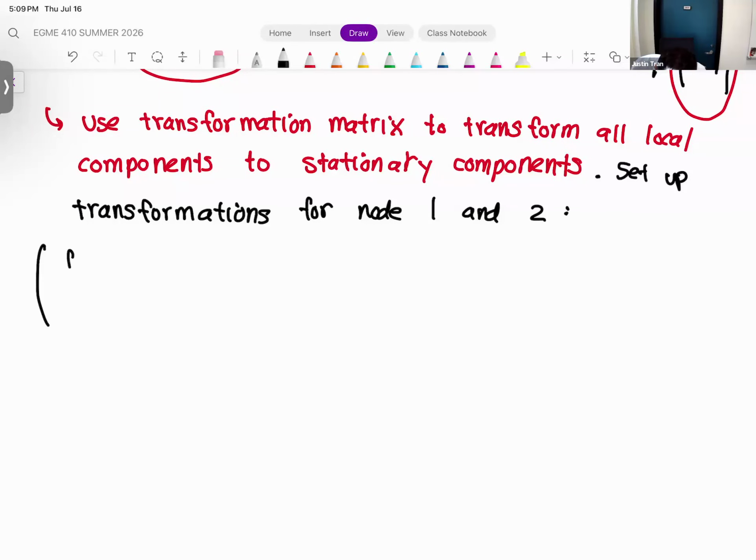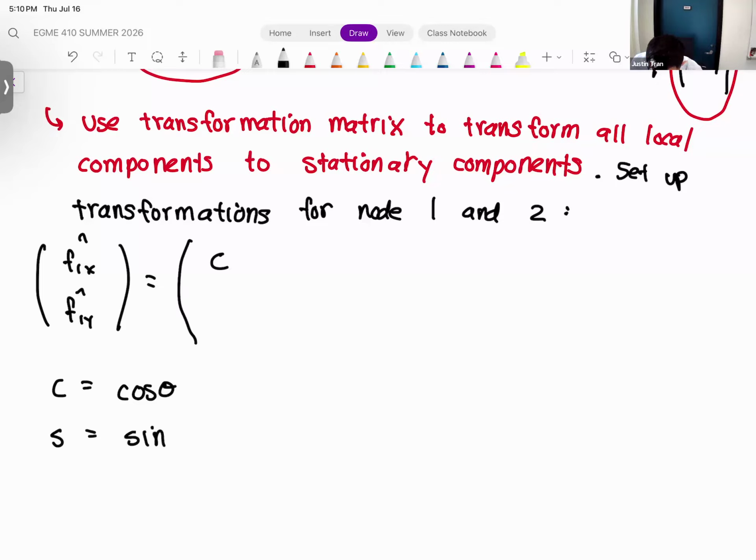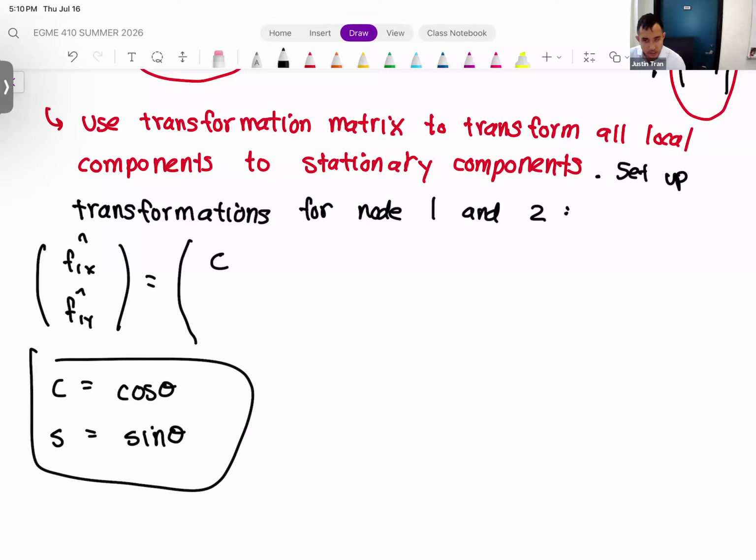I'm going to do this just for the forces, but just know that it applies for the deformation as well. So we have F1x hat, F1y hat is equal to the transformation matrix. I'm going to use shorthand notation here just because we're going to write a lot of sines and cosines. If you see a C, that is equal to cosine theta, and S is going to equal sine theta. Just keep that in mind.